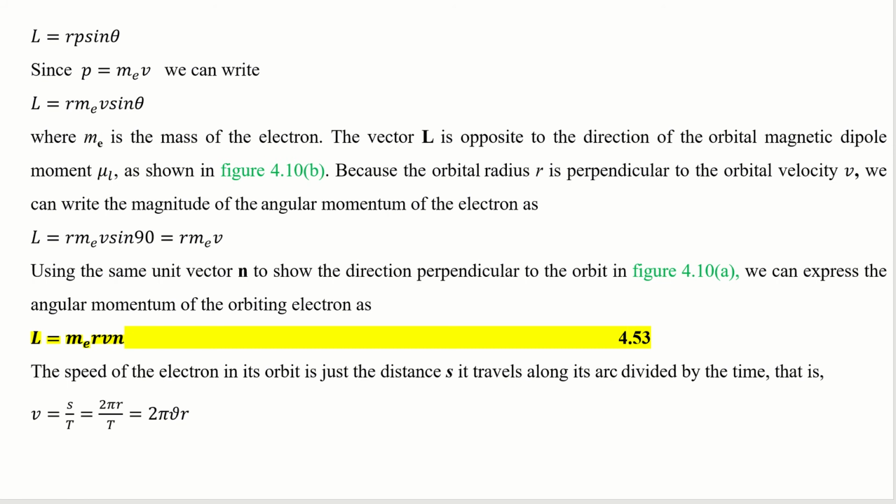Therefore, the angular momentum L is equal to r m sub e multiplied by v. Using the same unit vector n to show the direction perpendicular to the orbit in figure 4.10A, we can express the angular momentum of the orbiting electron as L equal to m sub e r v n.